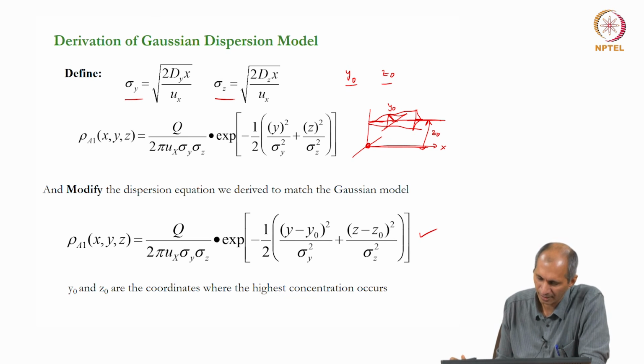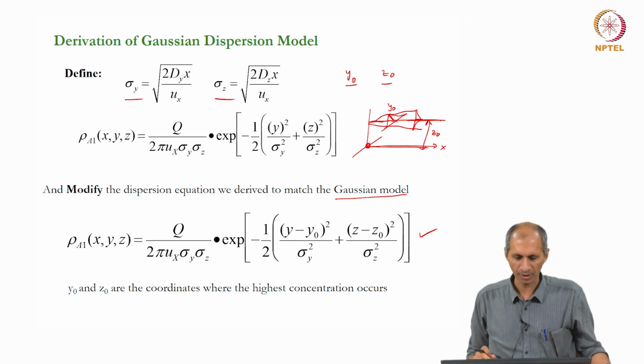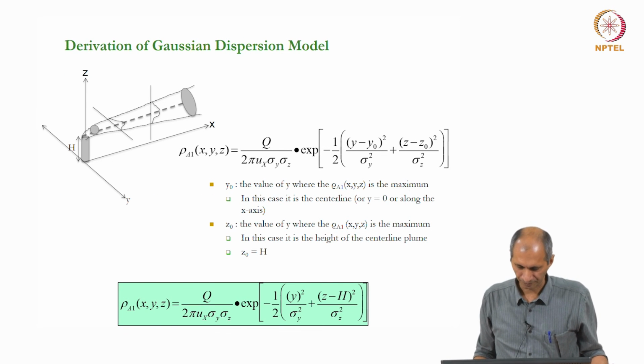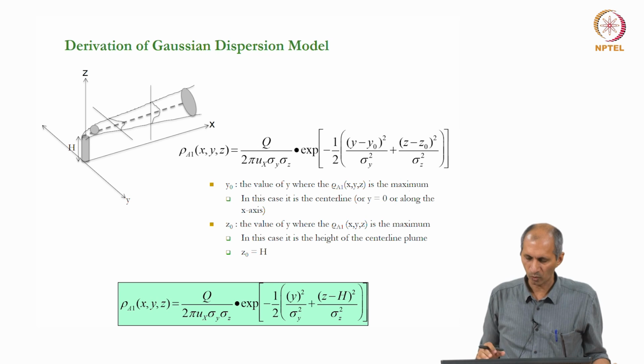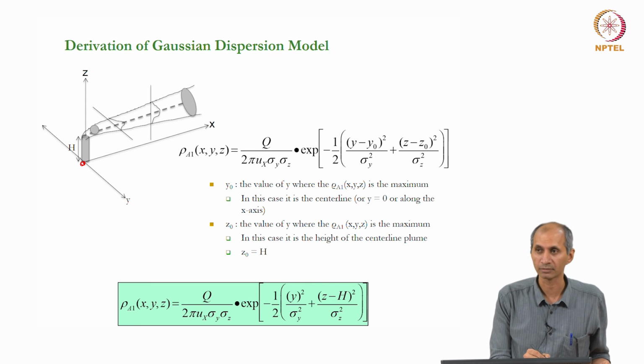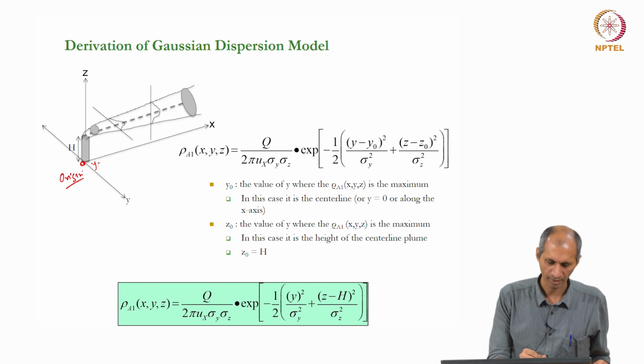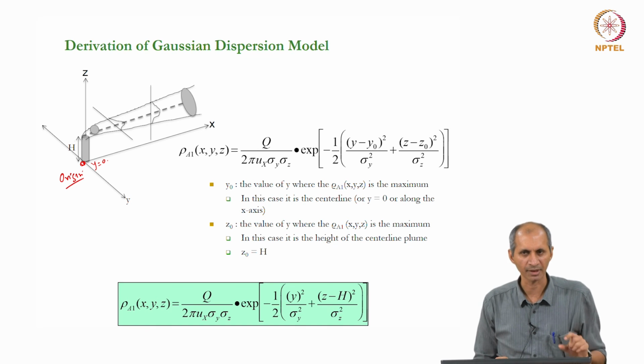So, this final equation looks like this. The Gaussian dispersion model in its preliminary form looks like this equation here. Now, when we input y minus y0 and x minus x0, if the stack source is at the origin, then y equals 0, and there is the height of this emission, the stack.